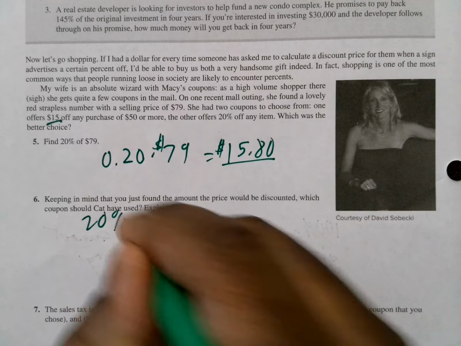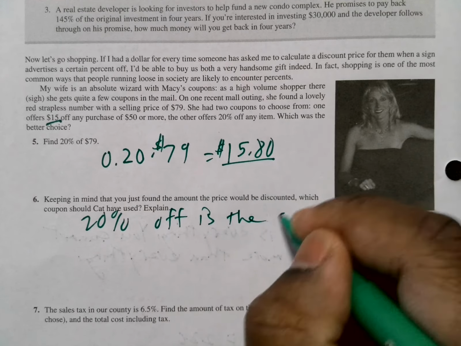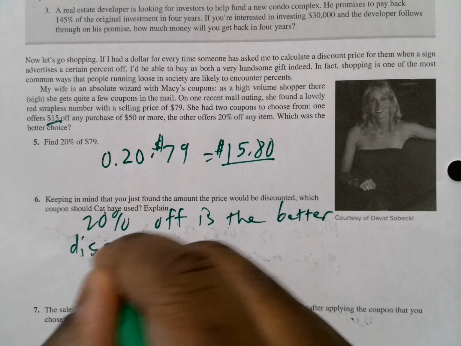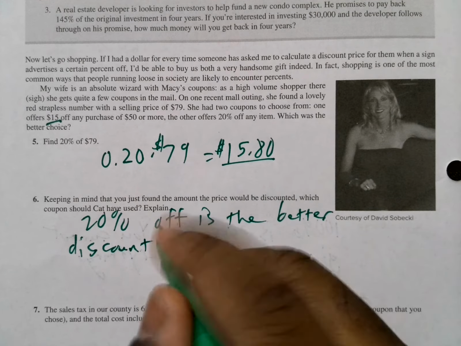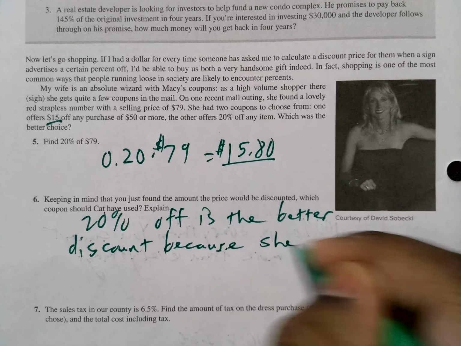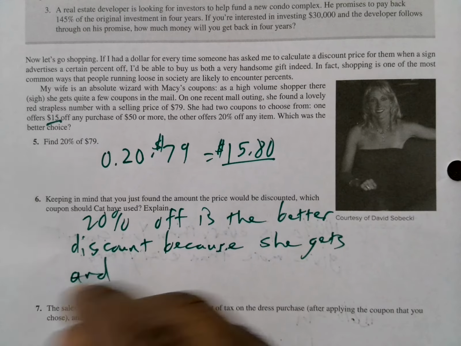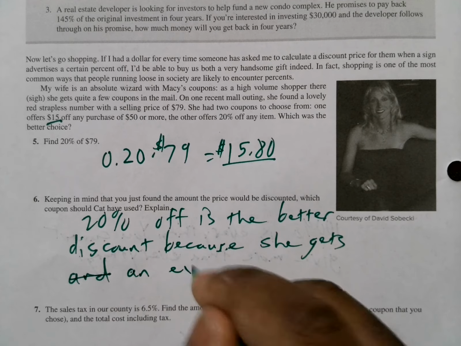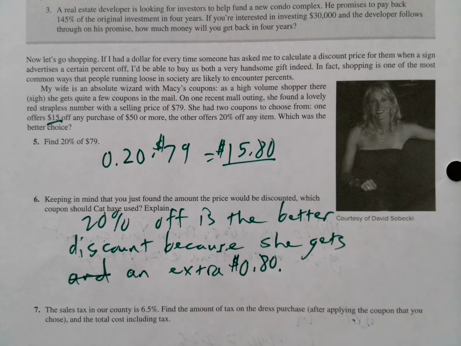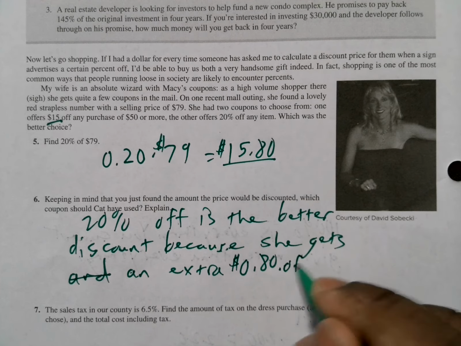So 20% off is the better discount because she gets an extra 80 cents off the price.